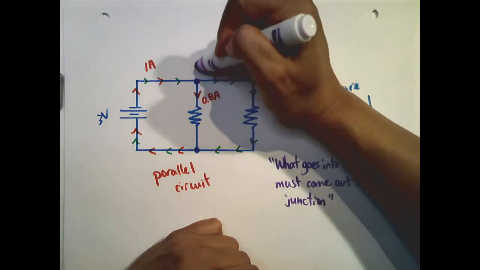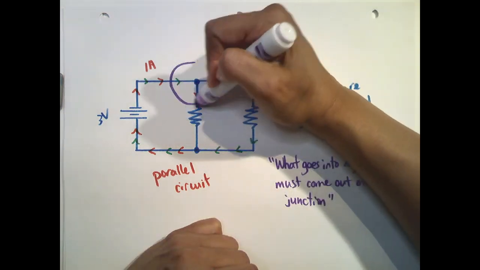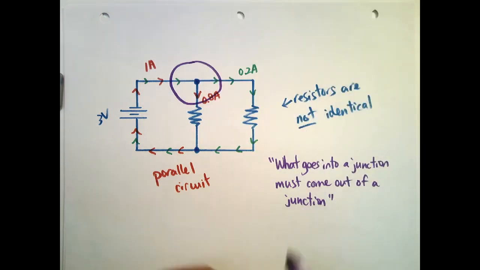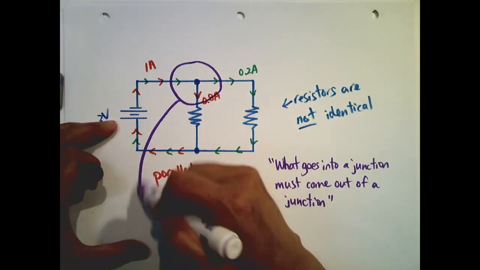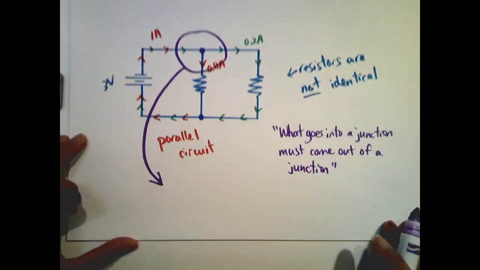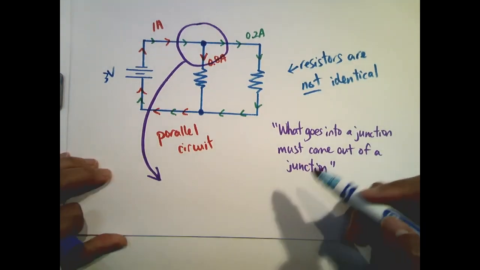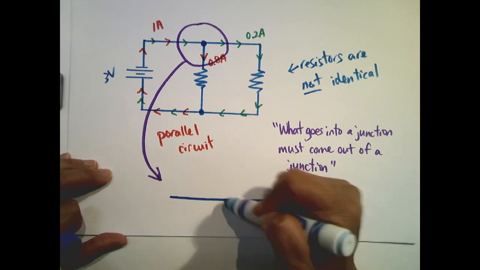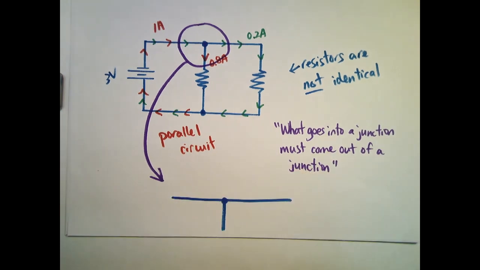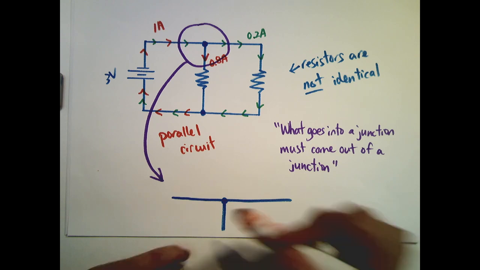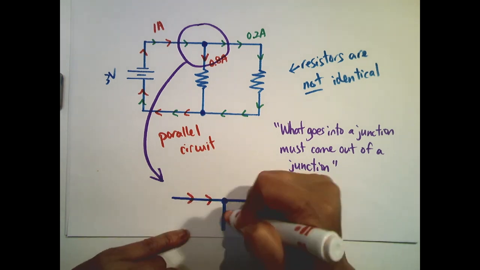So I'm going to look at this junction right here. I'll just highlight it like that. Okay, and I'll bring it down here so we can analyze that. All right, and I'm going to redraw this junction like so. Okay, so remember you got 1 amp coming in.